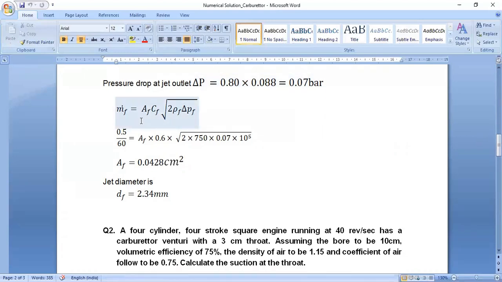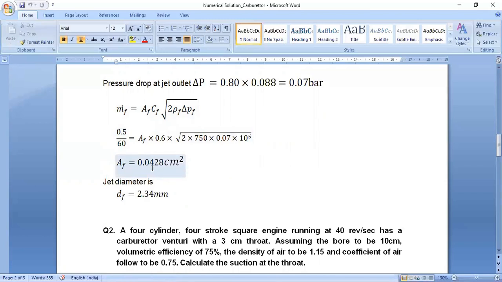Now the equation for flow of the fuel: m_f dot is equal to A_F into C_DF into root over 2 rho_F delta P_F. By substituting the value of mass flow rate of the fuel, coefficient of discharge of the fuel is also known, density of the fuel is known, and pressure drop is known. So we can get the area of the fuel jet.